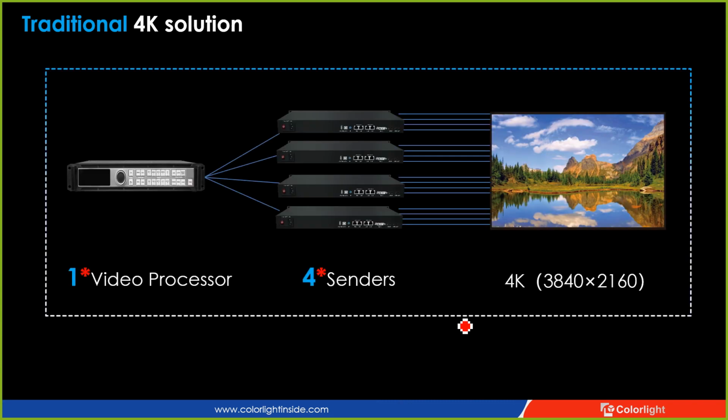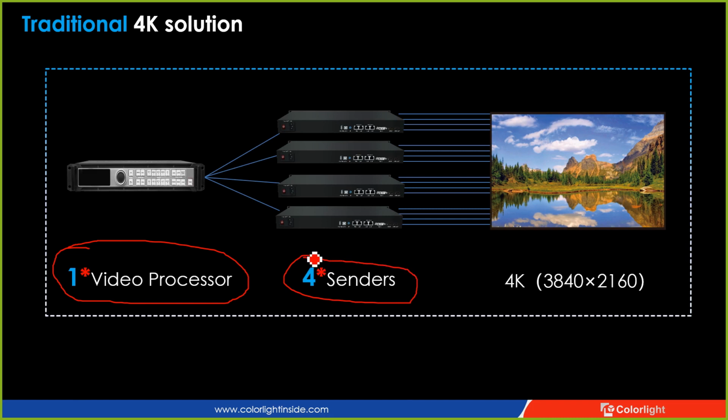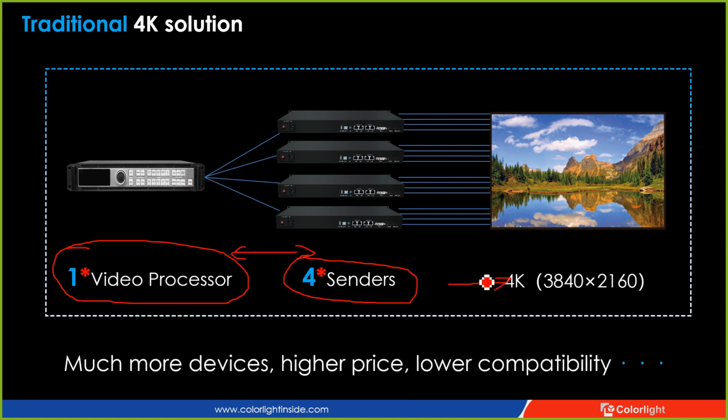The traditional 4K solution is to add one video processor and 4 sending cards or more, and then combine them together to load a 4K LED screen. This way, you need to add many more devices and pay a higher price, and the result you get is only lower compatibility.